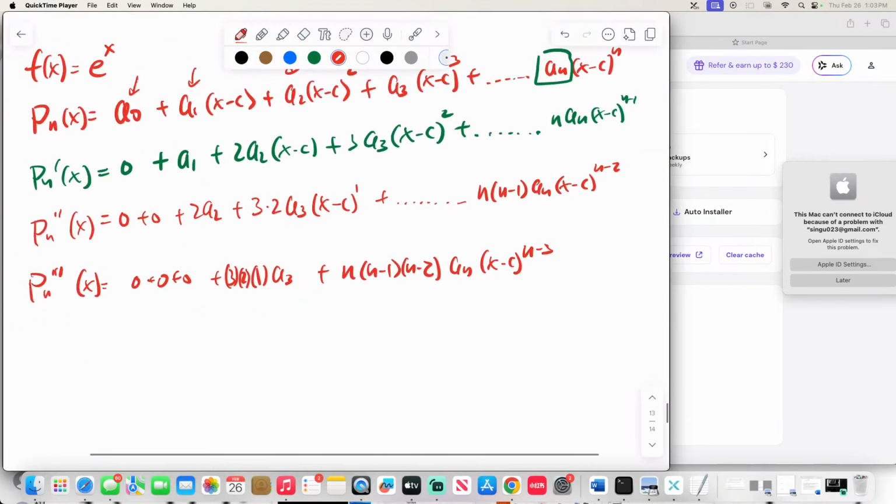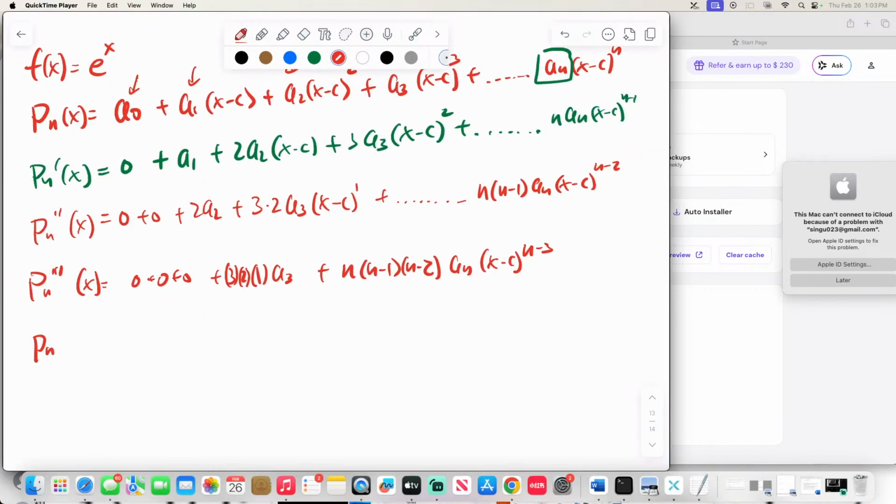So ideally, if I were to take the nth derivative, pretty much all of this will go to what? 0, right? So then, what do you have left? What do you have left? n factorial times an.